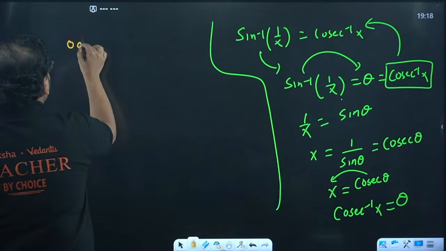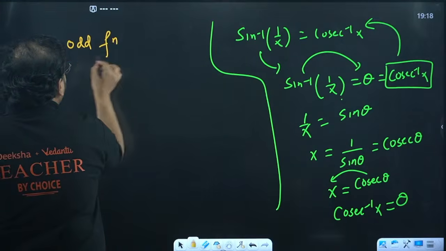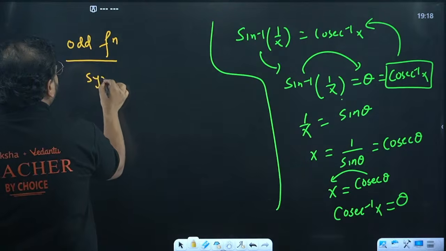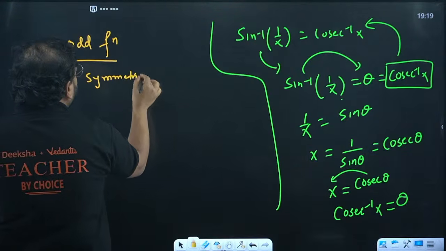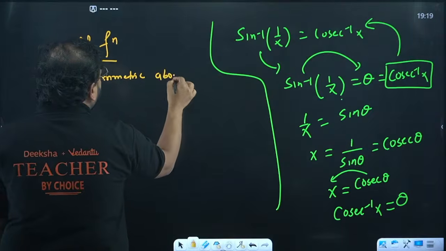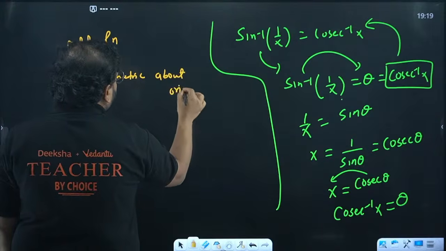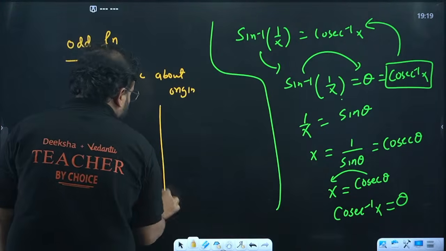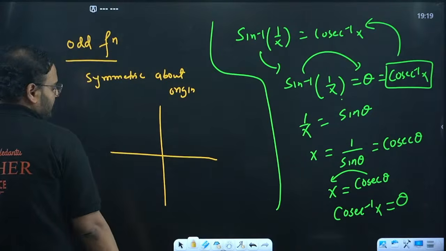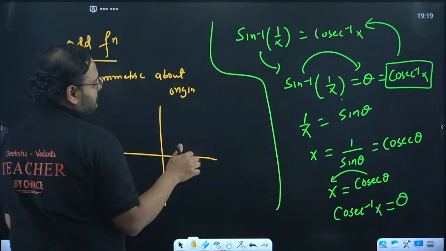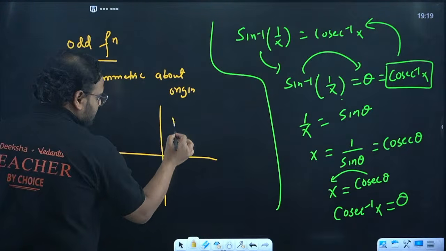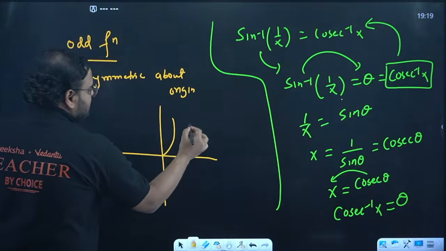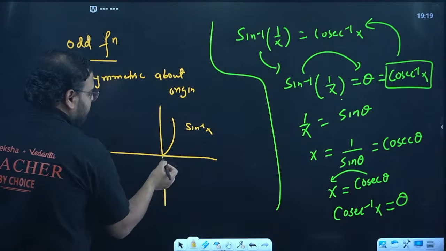An odd function is a function which is symmetric about the origin. So this is your function, let's say over here. If you look at your sine inverse function, this is the graph of the sine inverse function. Can you see?